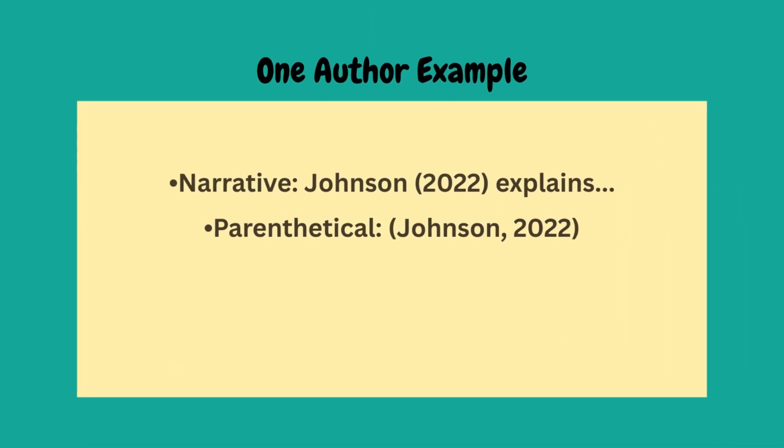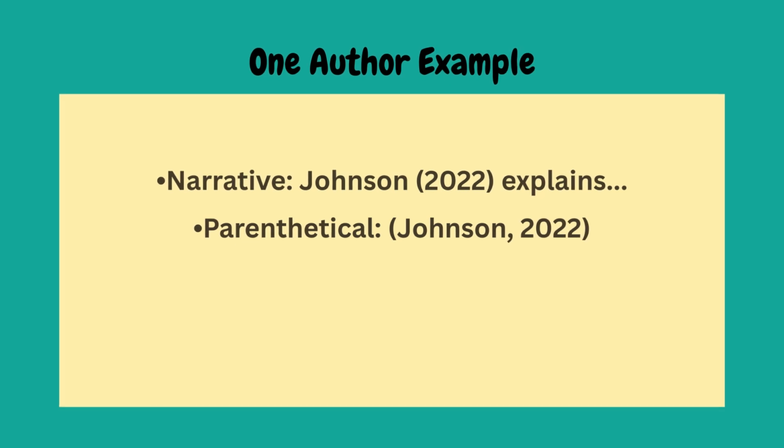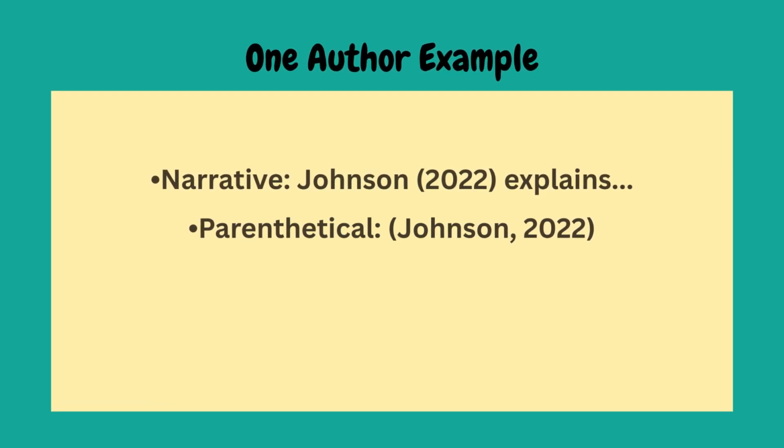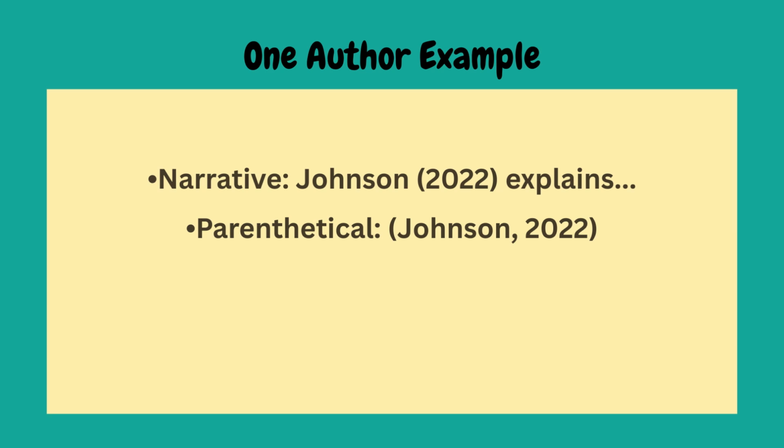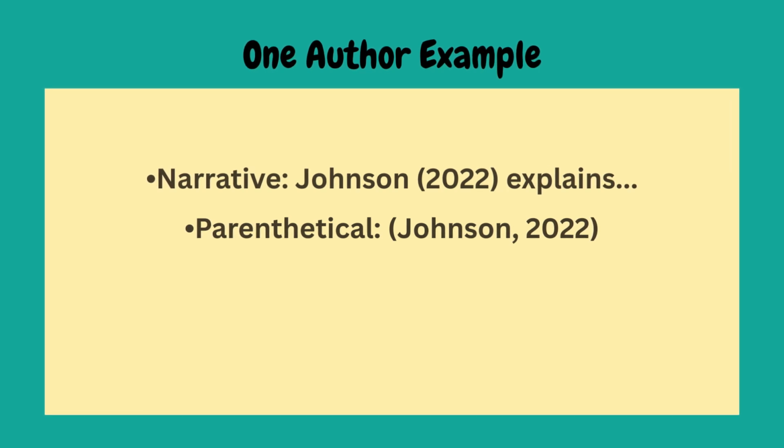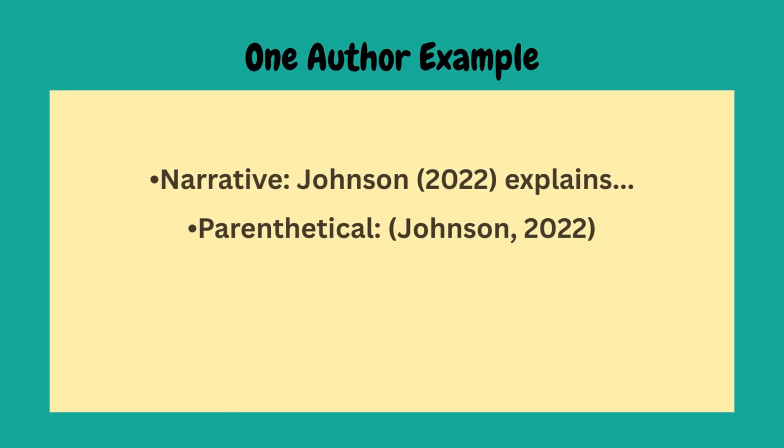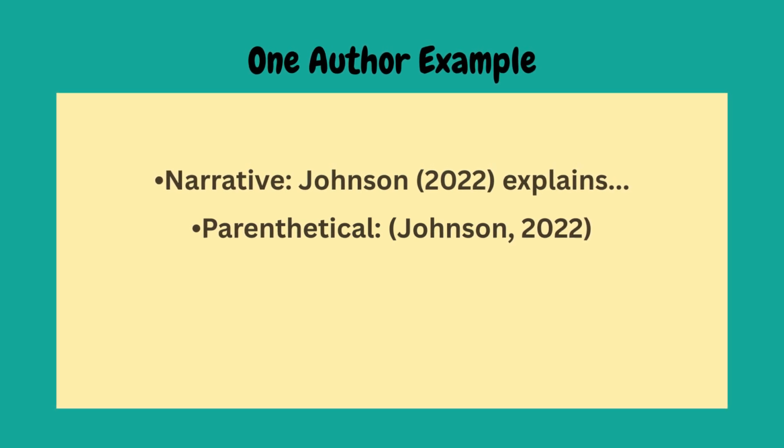Another correct version would be this: academic writing requires careful practice (Johnson, 2022). The first example is called a narrative citation. The author's name appears as part of the sentence. The second example is called a parenthetical citation. The author's name and the year appear inside parentheses.